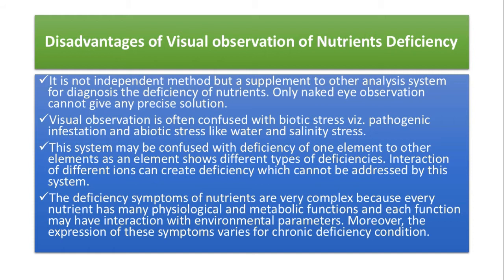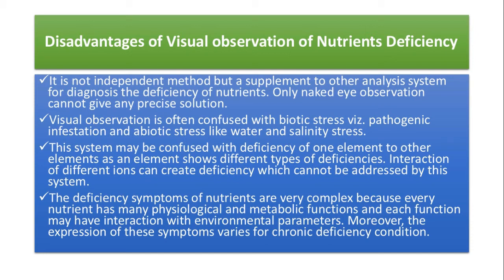The disadvantages of visual observation of nutrient deficiency. It is not an independent method but a supplement to other analysis systems for diagnosing the deficiency of nutrients. Naked eye observation alone cannot give any precise solution.